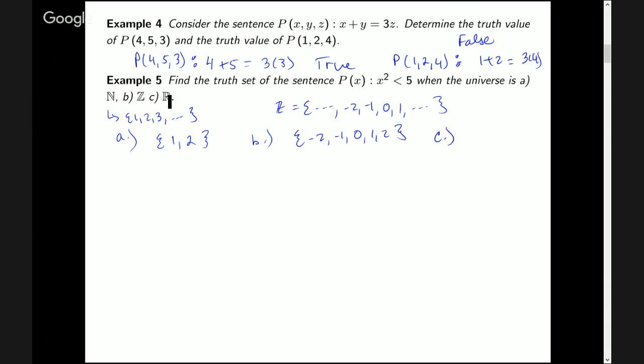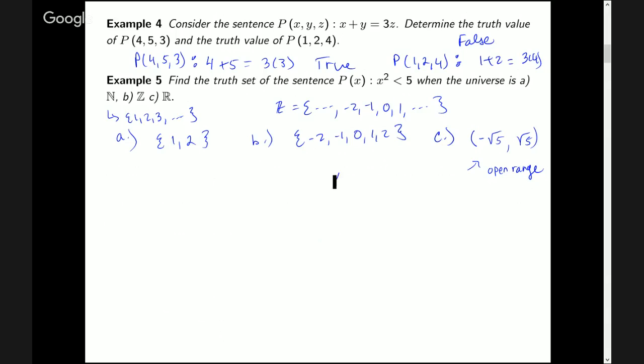Now for part C, that's all the real numbers. Which ones there have a square less than 5? Sorry, it's going to be a parentheses. It's going to go from minus the square root of 5 to the square root of 5. This is an open range.